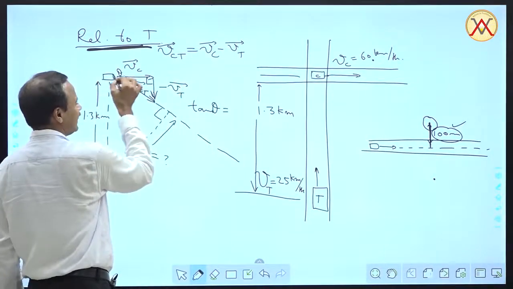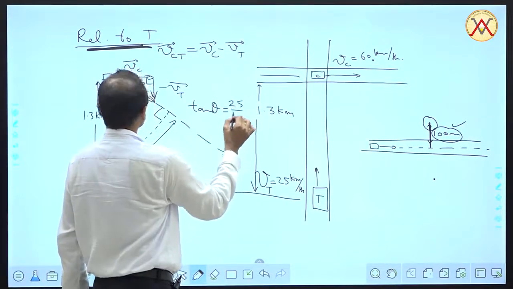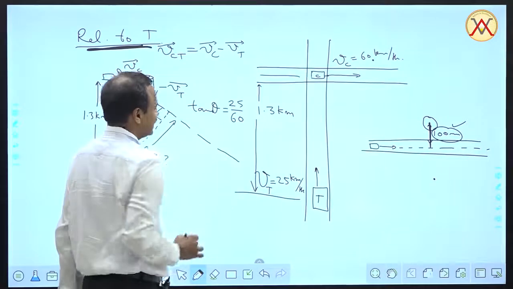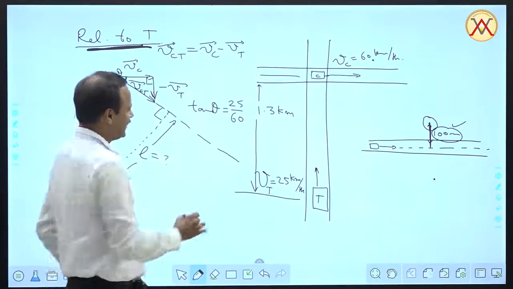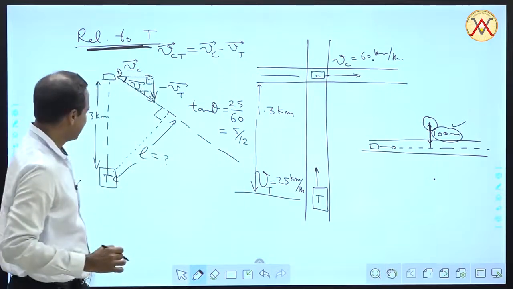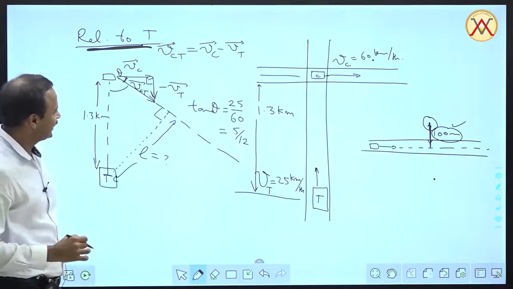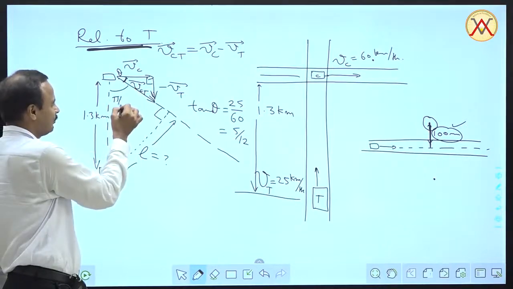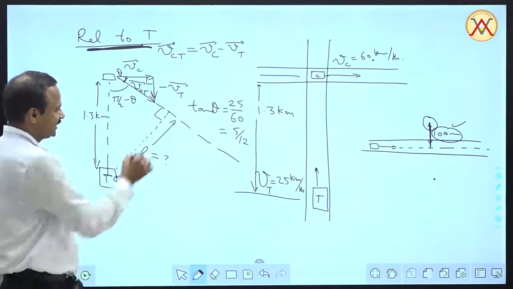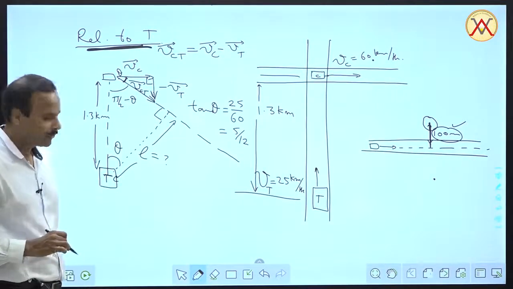Vt magnitude divided by Vc magnitude. It is 25 by 60. So we know that tan theta is 5 by 12. Alright, this angle is theta. So this remaining angle is 90 minus theta, isn't it? This is pi by 2 minus theta in radians. This is 90. So this one again here is theta.